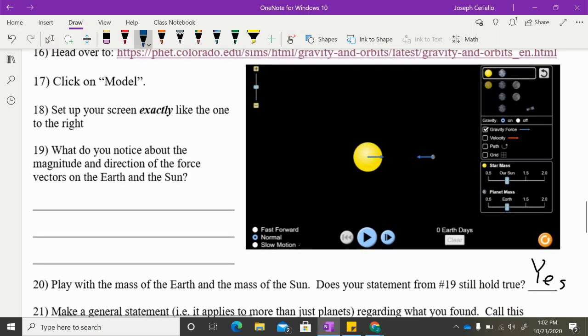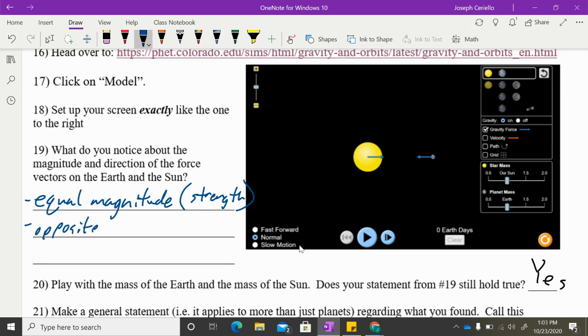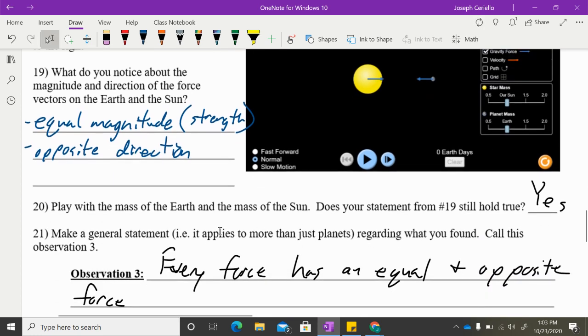What do you notice about the magnitude and direction of the force vectors on the Earth and the Sun? Equal magnitude, which you could also say is equal strength, and opposite direction. It says play with the mass of the Earth and the Sun.